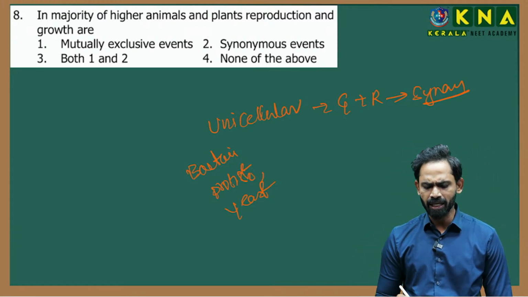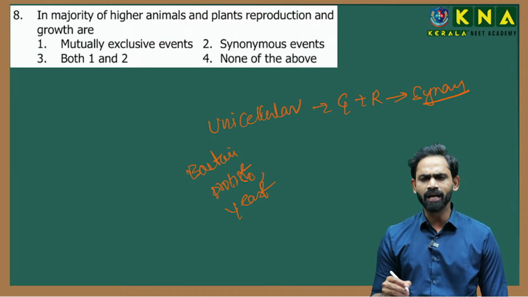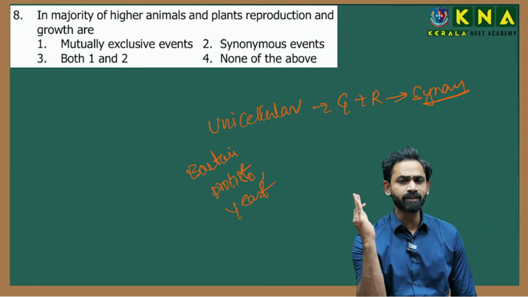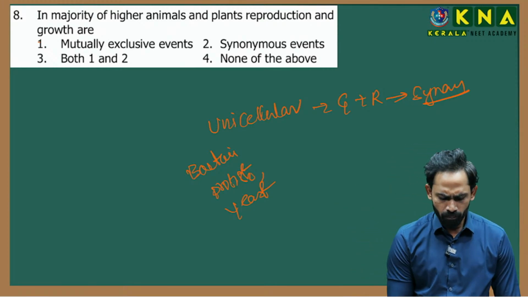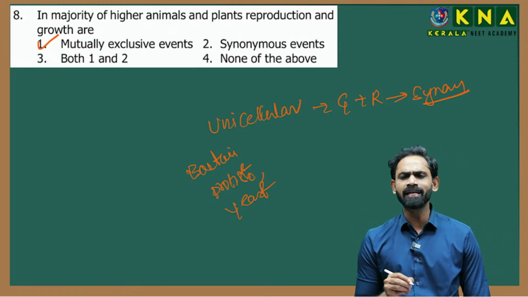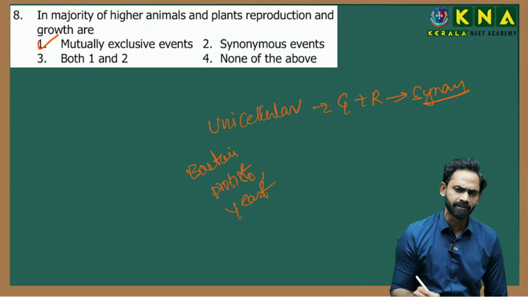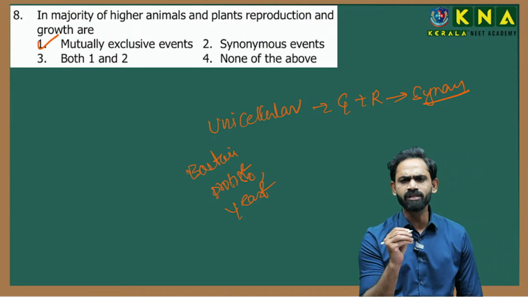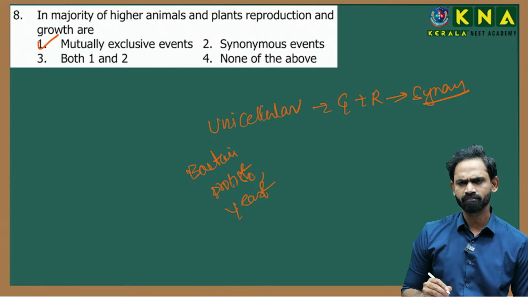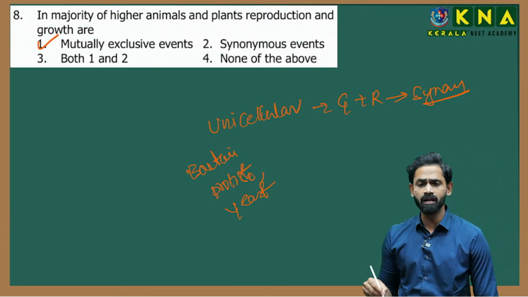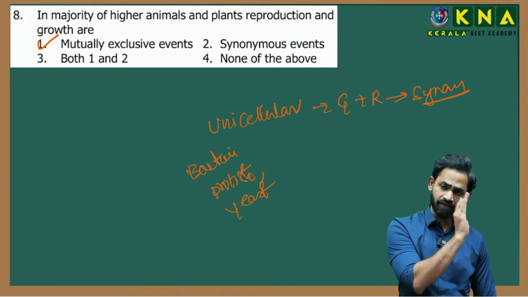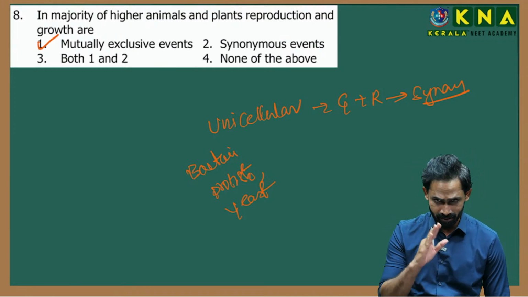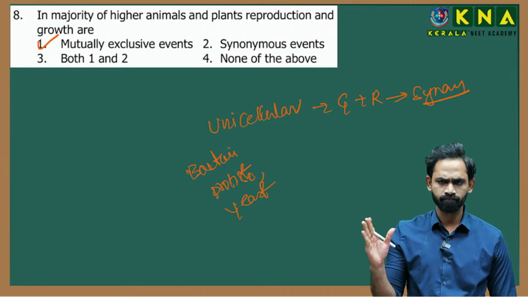In case of higher plants and animals, growth and reproduction are two different things, two different events. That is why both are mutually exclusive events. One depends on another, one involves the other, but growth is a different process and reproduction is a different process.